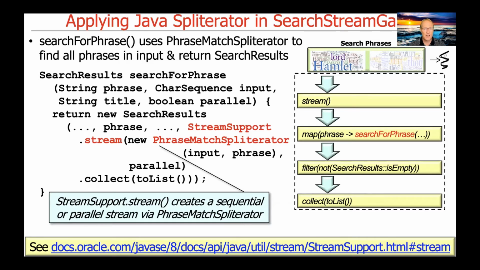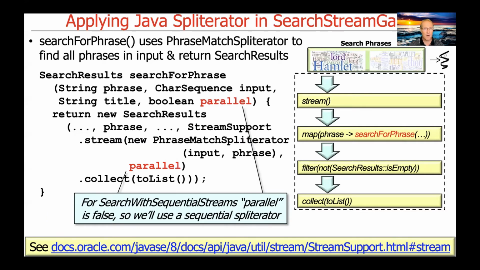Given a phrase and an input string, the PhraseMatchSpliterator is passed the input string and the phrase, and then that spliterator is passed to StreamSupport.stream, which is a factory method, which will create the appropriate stream that's going to be defined by applying the spliterator, looking for the phrases in that input string.